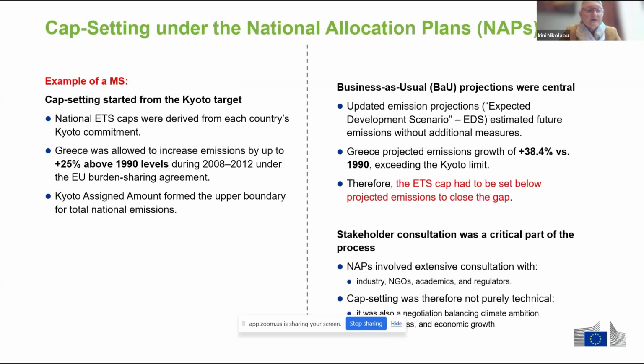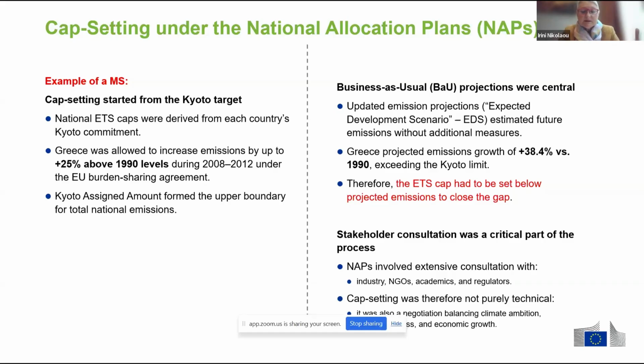There we can see that this country, Greece, was actually allowed to increase emissions by up to 25% above 1990 levels, while there were member states that had to decrease emissions below the 1990 levels. This is also a good example because developing countries feel that they need to increase their emissions more, because they say we haven't reached the peak.